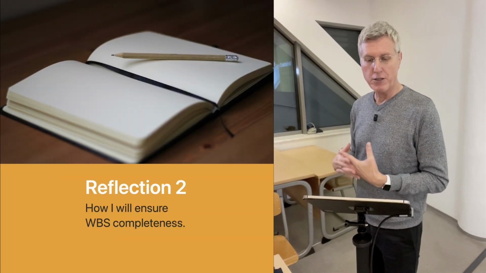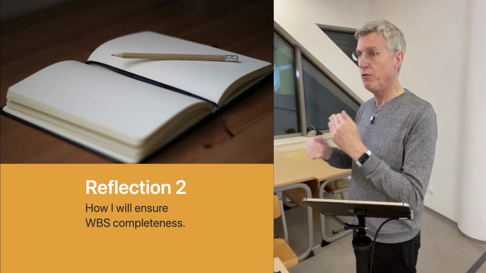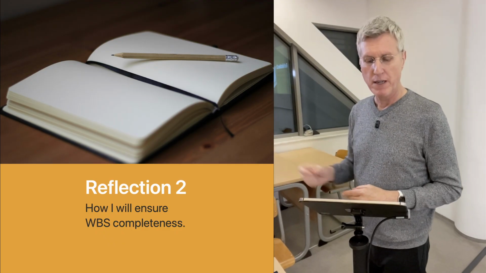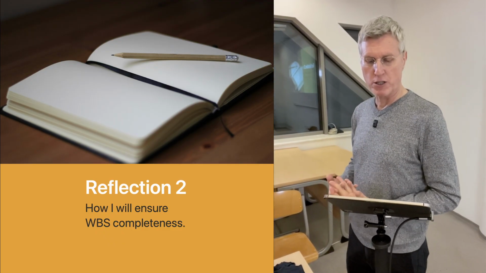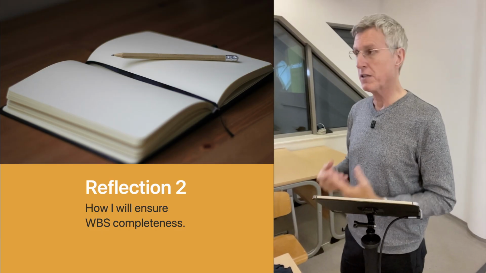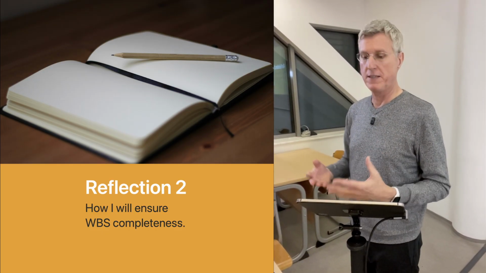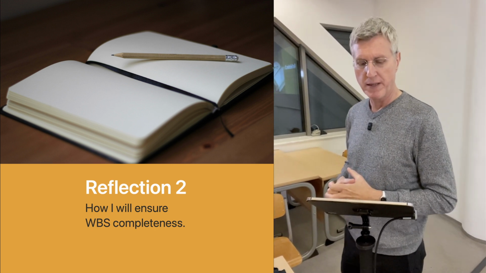So now I would like you to, on a next sheet of paper, and leave room if you still want to write some more about the first reflection, write at the top of a page, how I will ensure WBS completeness. Think about the possible pitfalls and the dangers in creating your work breakdown structure.